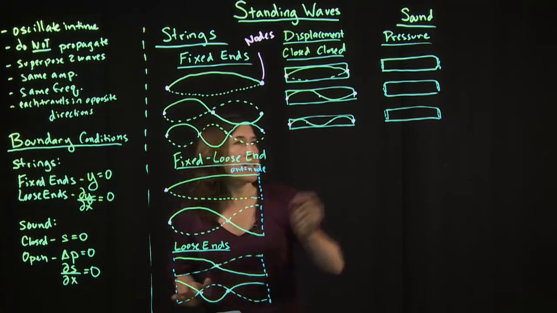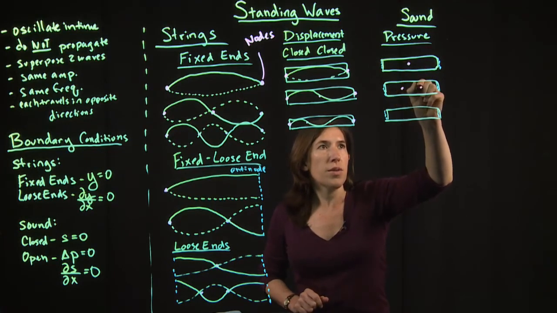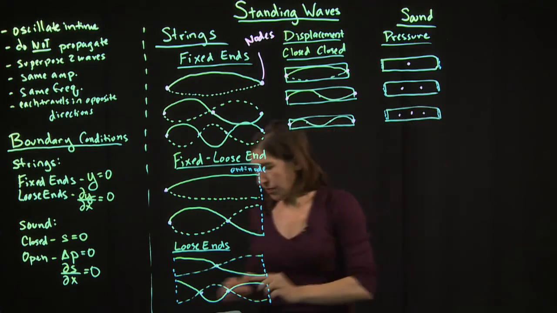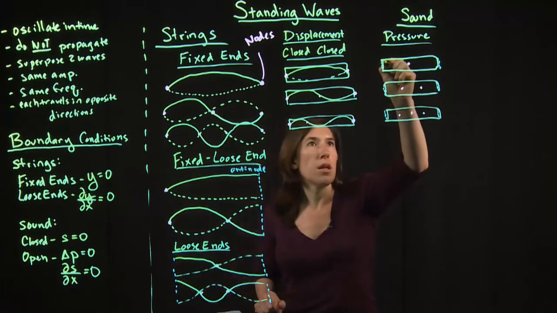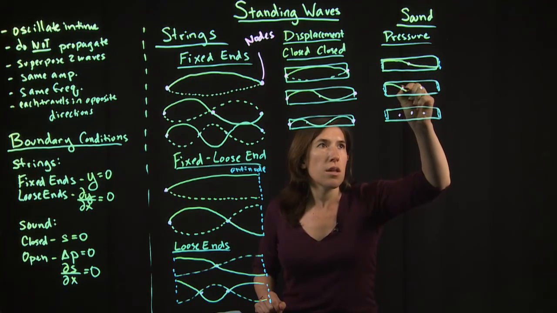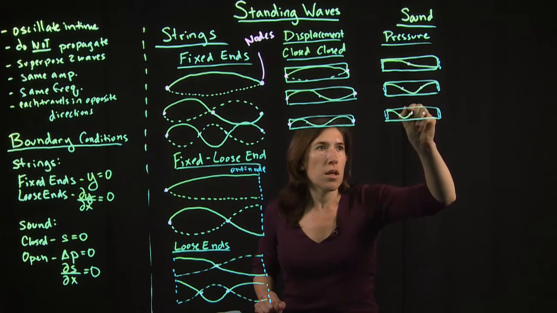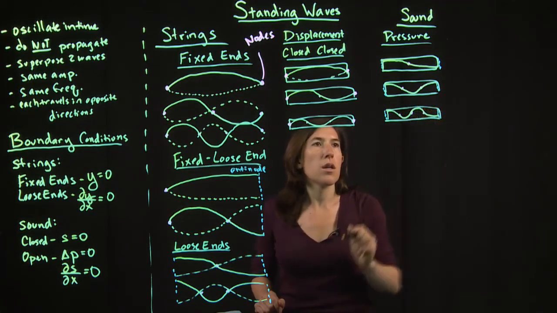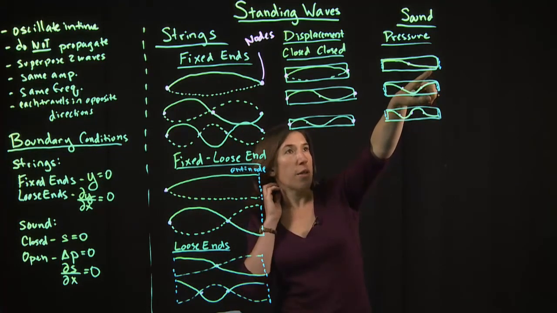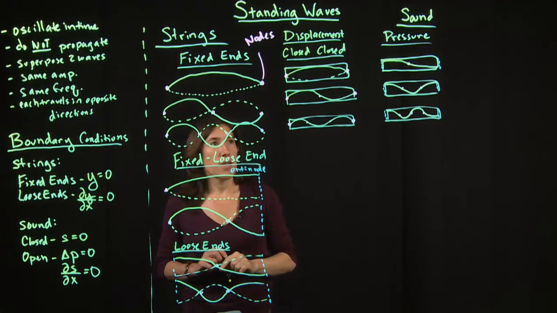What that really means is the first one you can do has 1 node in the middle, then 2 nodes, and then 3 nodes. So these solutions will look something like this, where again, we're constrained such that we have the pressure at its maximum at the ends.